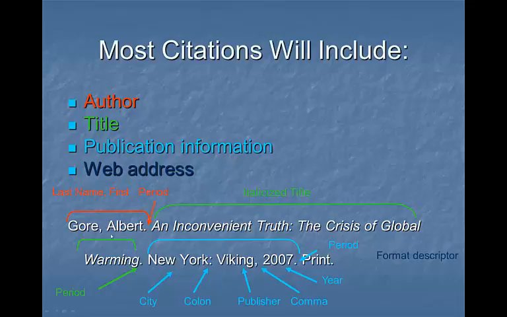The last name is going to be first, but it'll have the whole author's name. It also includes the title. It includes publication information, which will include various different things, which you'll see in a minute, and then it'll also include the web address. So a lot of different things in addition to what is in the in-text citation.